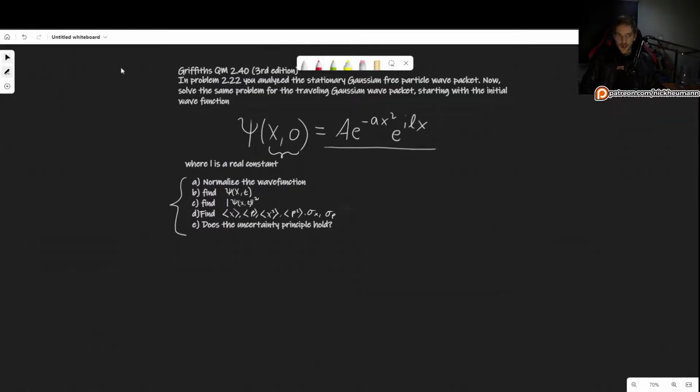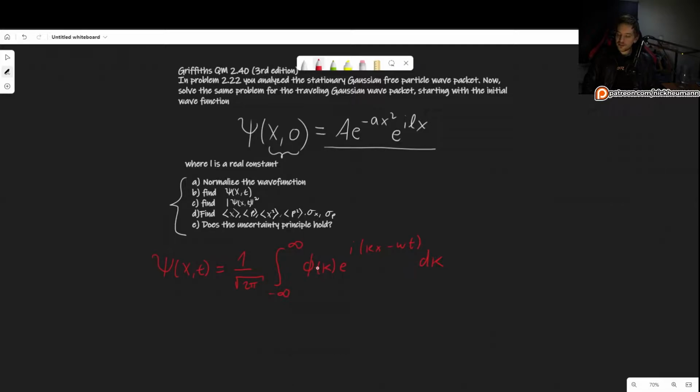Well, we know from the free particle discussion that the wave function as a function of time is given by 1 over the square root of 2 pi, and then we integrate over all of k, of phi of k times e to the i(kx minus omega t) dk, right? This is, of course, for this wave packet.